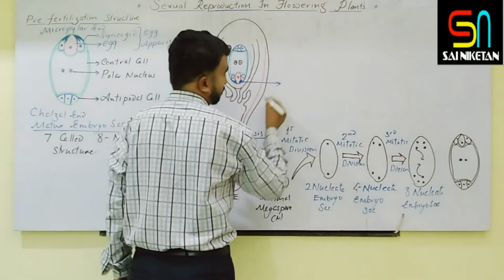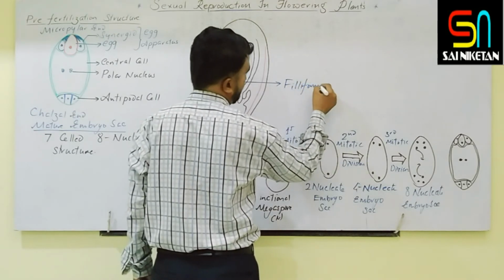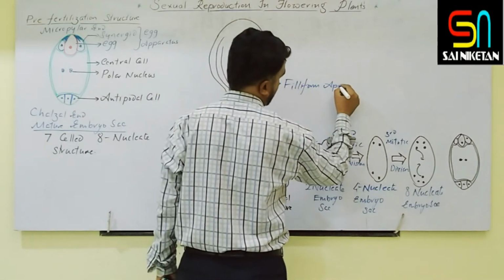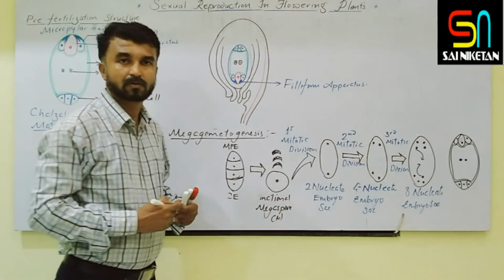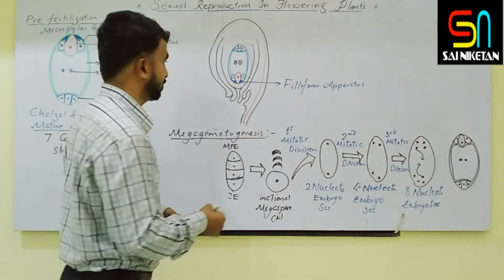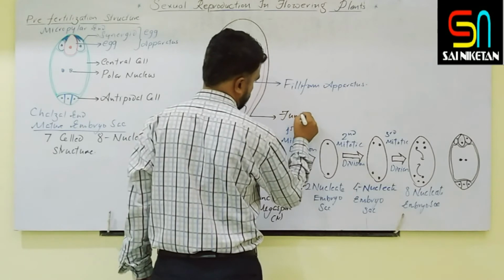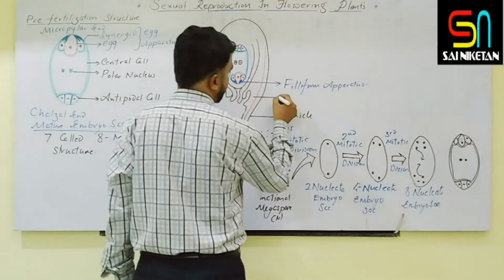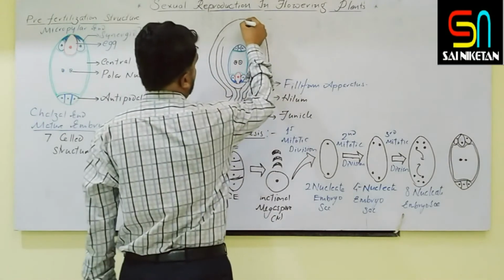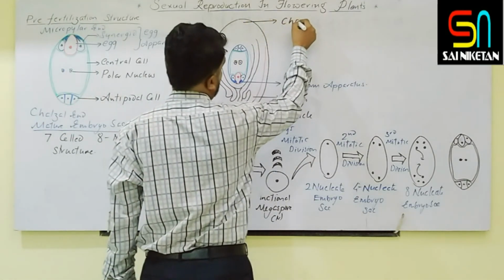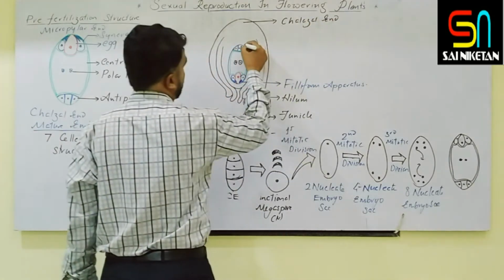So this is nothing but the filiform apparatus. Here, the labels I will write a little bit clumsy. So this is the funicle, this is the hilum, this is the chalazal end.